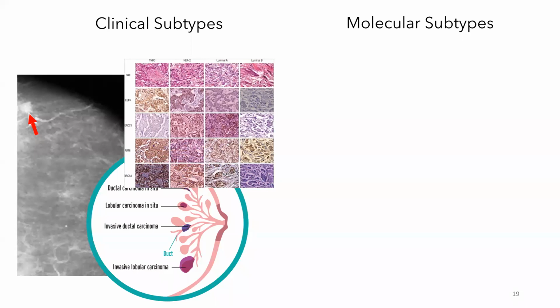But when we talk about immunohistochemistry, we're actually having a limitation with the number of proteins that we can look for. So here you can see classification of subtypes of breast cancer using a variety of different proteins that are expressed or not expressed in a specific tissue.